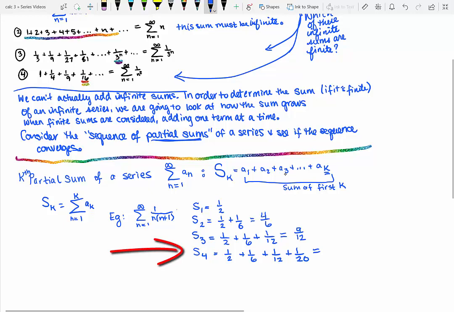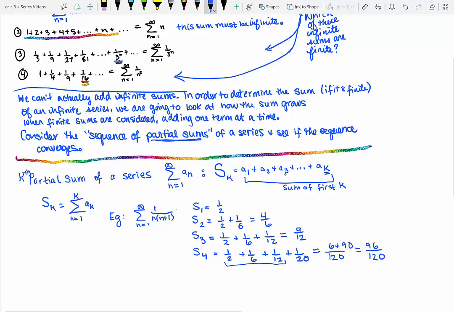The part from here, remember, was 9/12. Now I have to add 1/20. To get a common denominator, I need a number that 20 goes into as well as 12. I'll just go with something big that I know goes into both of them, maybe 120. 1 over 20 is 6/120, and 9 over 12 is 90/120, so I'm getting 96 over 120.